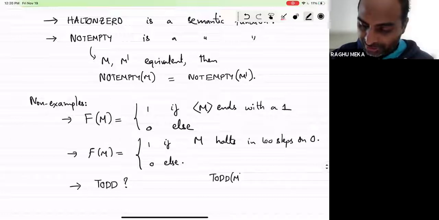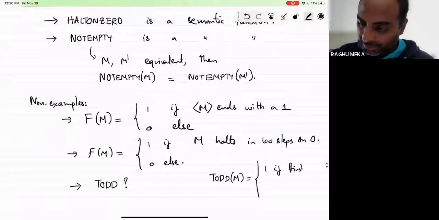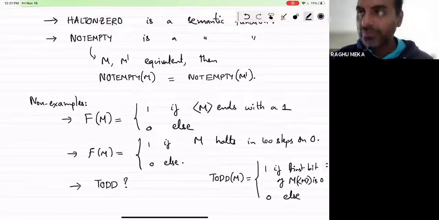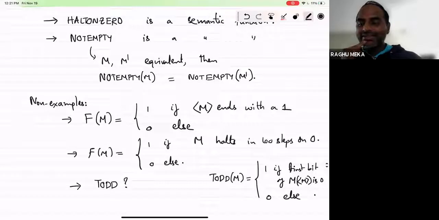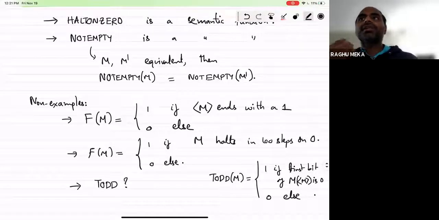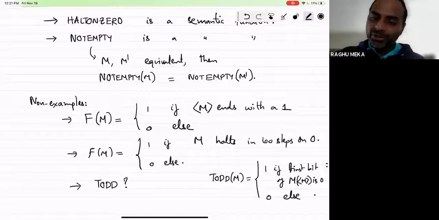Toddler of m is 1 if the first bit... Now you can see here that it doesn't only depend on the functionality of m.